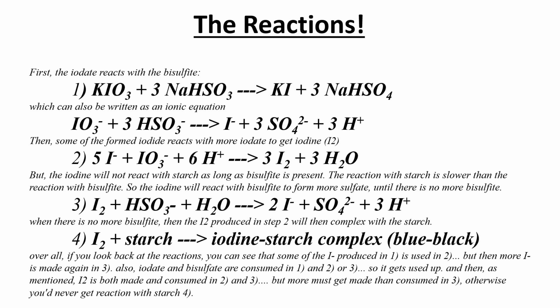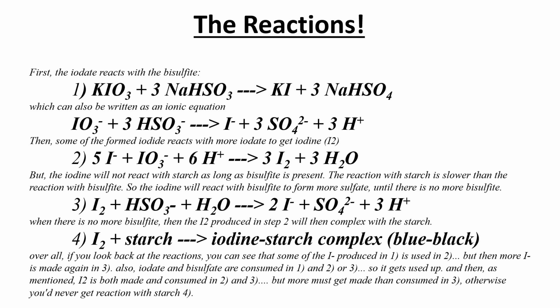Now, as long as there are bisulfite ions present, reaction 3 is going to take the iodine that's being produced in reaction 2 and convert it into iodine ions and sulfate ions and hydrogen ions.